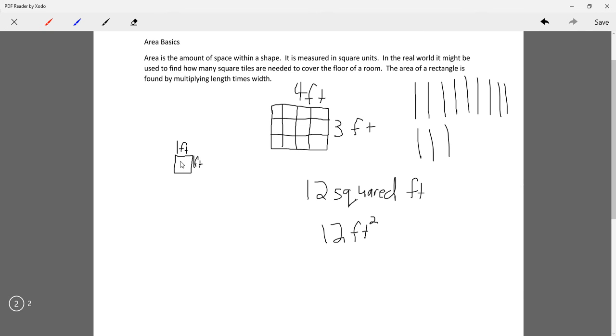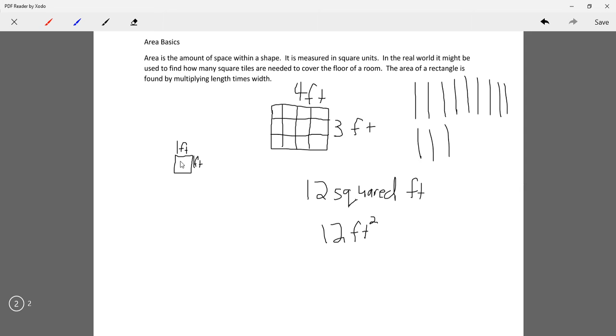In terms of real world application, typically we talk about the area of a room, and it's always done in square footage. Like if you are buying a house or looking at an apartment, one of the first things that's listed is the square footage of the house.